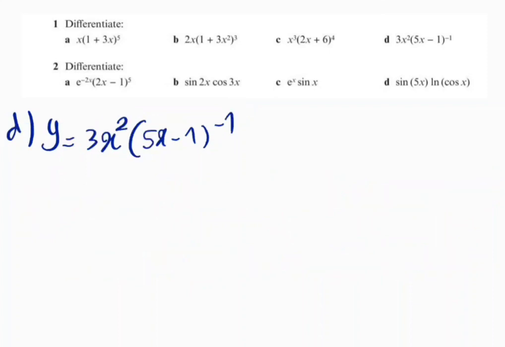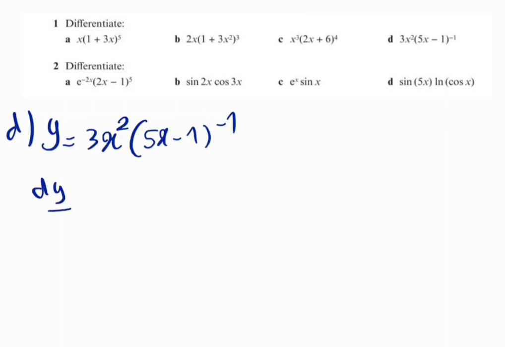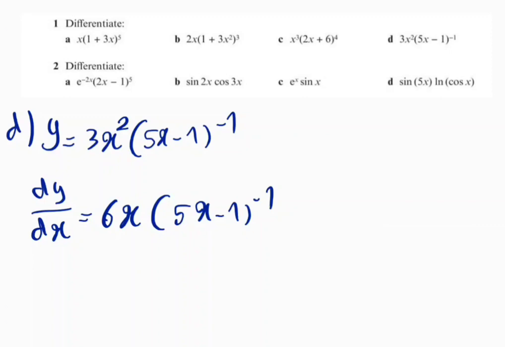And that's it. D, y is equal to 3x squared times (5x minus 1) to the power of minus 1. dy/dx is equal to the first bit differentiates to 6x times (5x minus 1) to the power of minus 1, and then we write 3x squared times the derivative of the second bit, so minus 1 comes down times 5, which is the derivative of inside, and then we have (5x minus 1) to the power of minus 2.